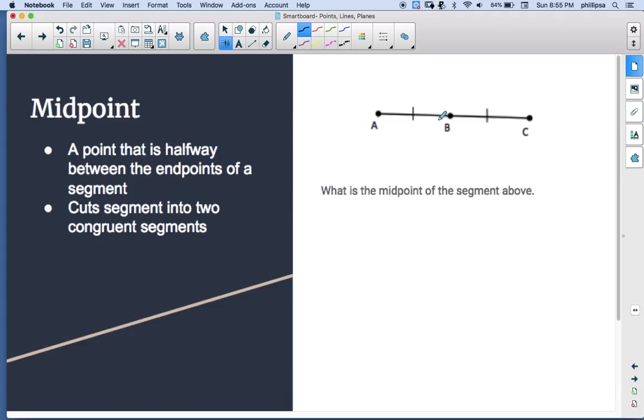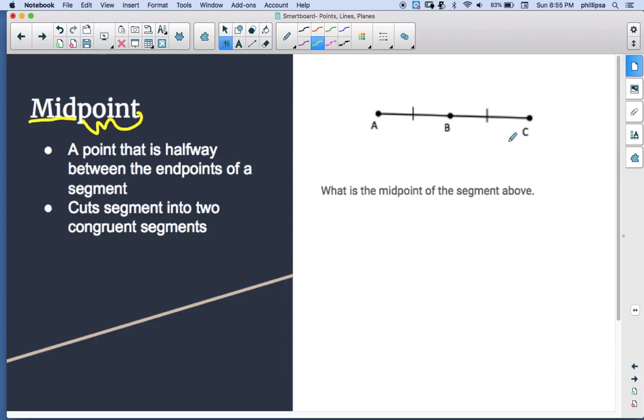Okay, so we'll talk about midpoint. With midpoint, kind of the same as coplanar and collinear, it's within the word. It's a middle point. It's a point that's halfway between two endpoints on a segment. It cuts the segment into two congruent parts, divides the segment evenly.